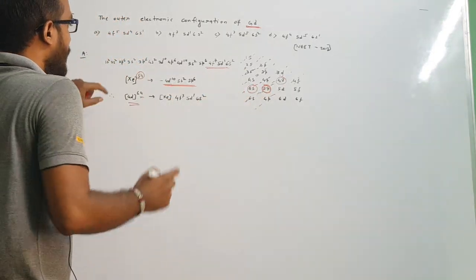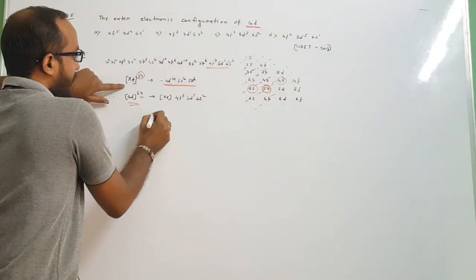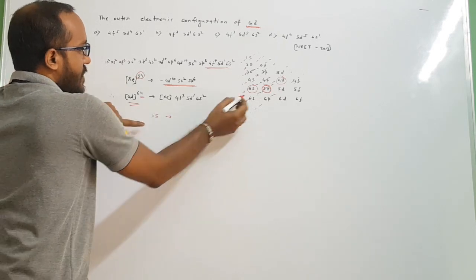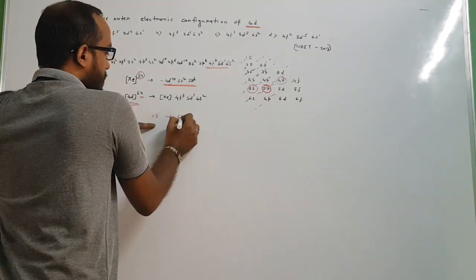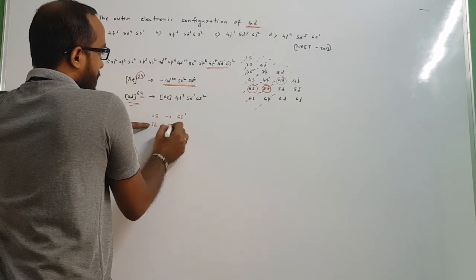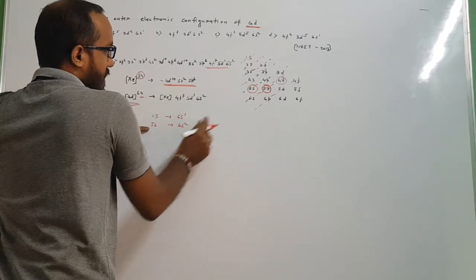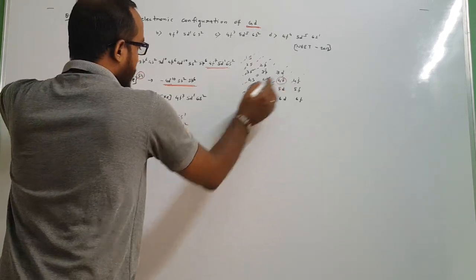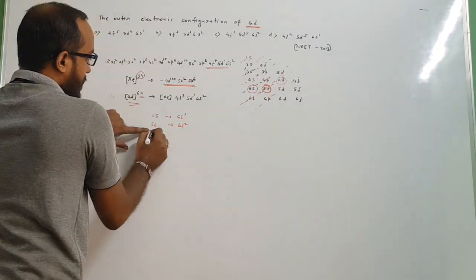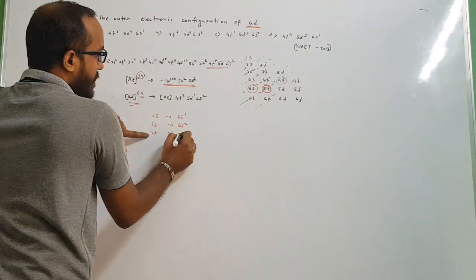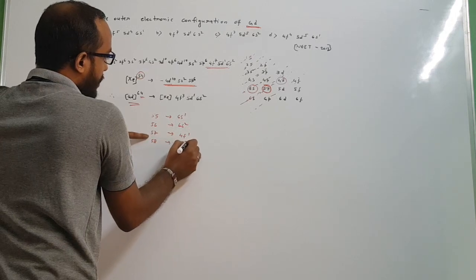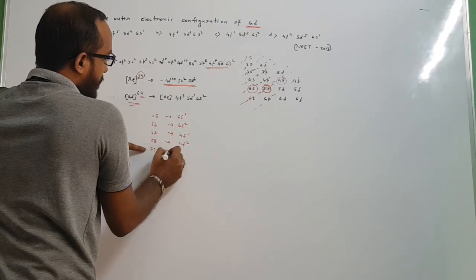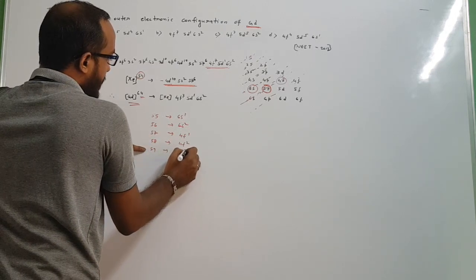That means we have to start from 55. In 55 it would be 5p6 as it is, then 6s1, right? For 56 it would be 6s2. Then we have to come forward to 4f. So 57 would be 4f1, 58 would be 4f2, 59 would be 4f3.